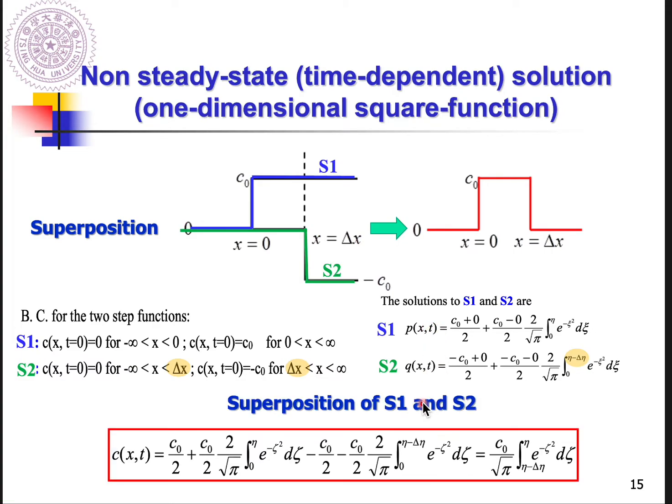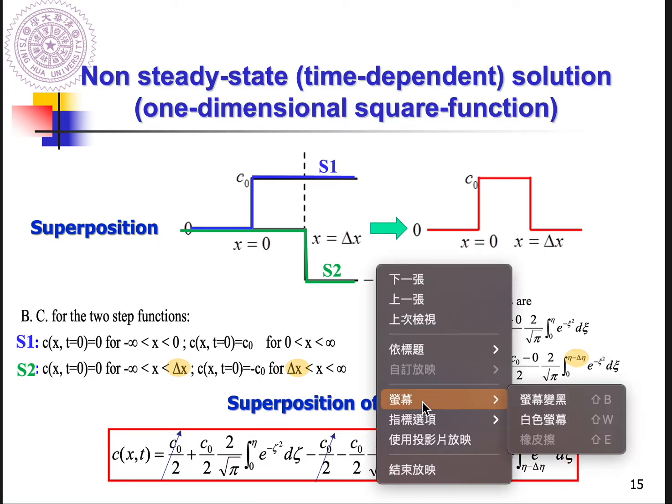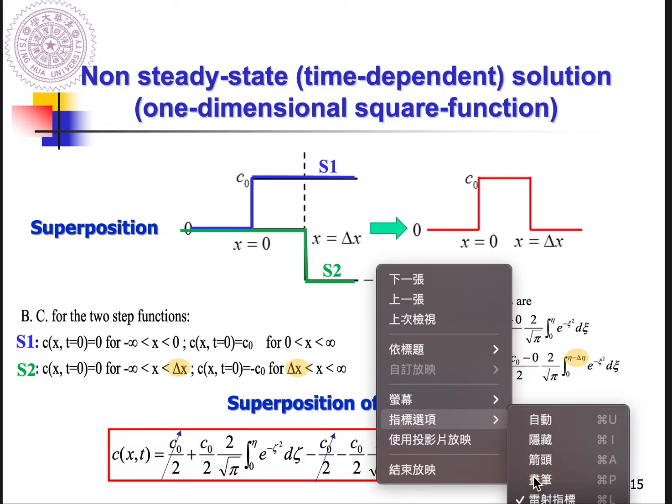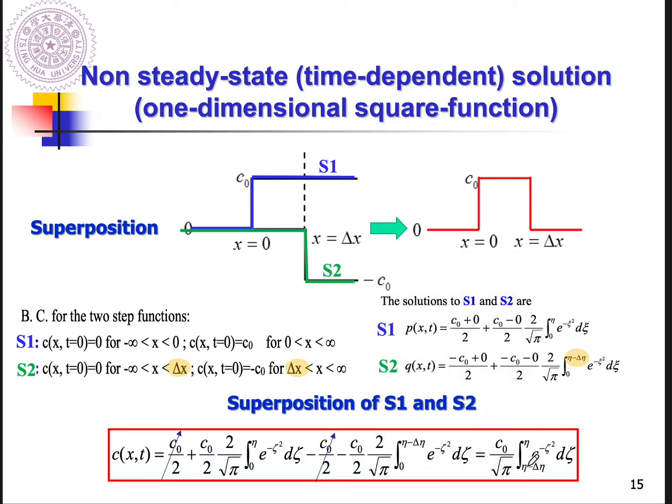So you use this plus this, and you get this one minus this one. You take the C0 over square root of pi out, and you get the error function here. But you need to focus on the upper and bottom limits.